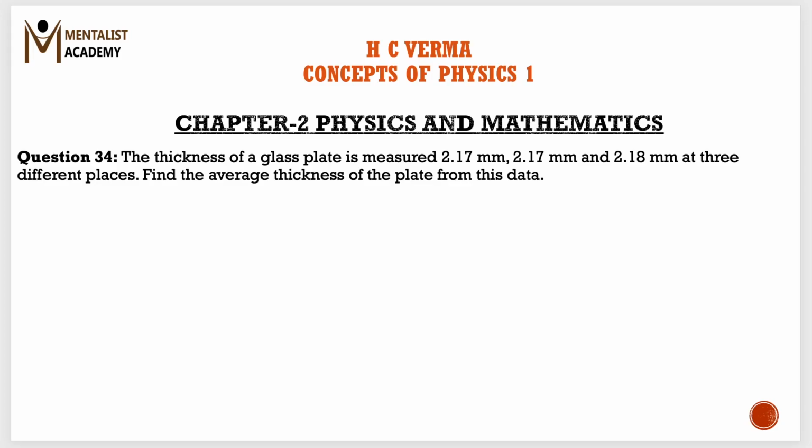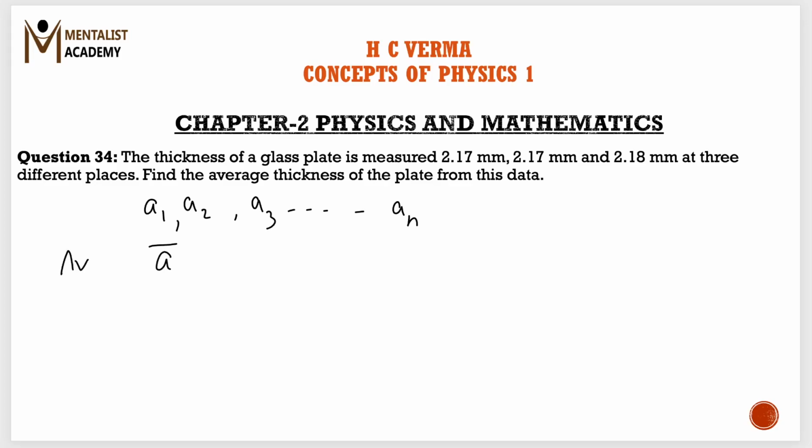Before doing this question, let us understand how to find the average. Suppose we are given data as A1, A2, A3 up to An. Suppose we have n data. To find the average of this data, suppose A bar is the average value.